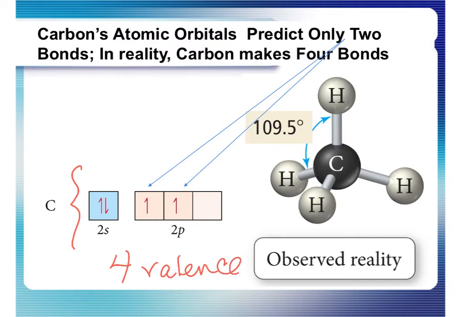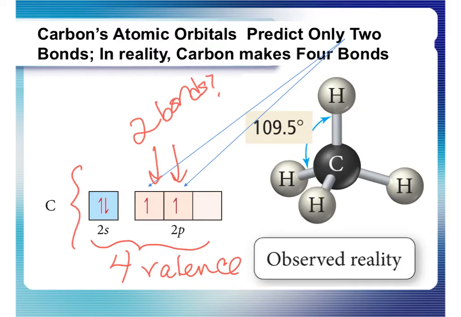But if you were just to glance at the orbital configuration for carbon and just think of the Lewis electron dot theory, it might look at first glance that carbon really only wants to make 2 bonds, right? It has 2 unpaired electrons, but we know that carbon makes 4 bonds.